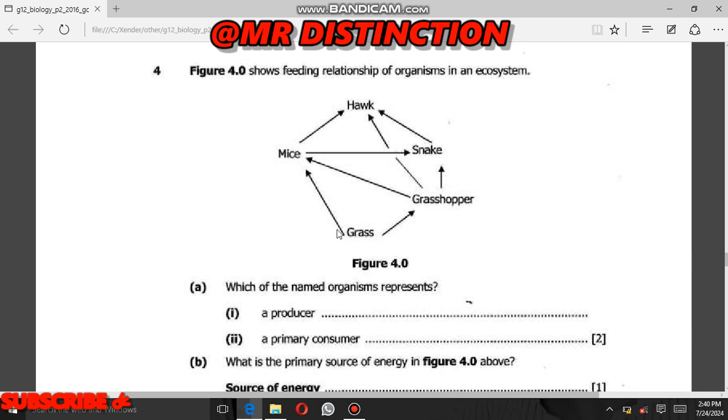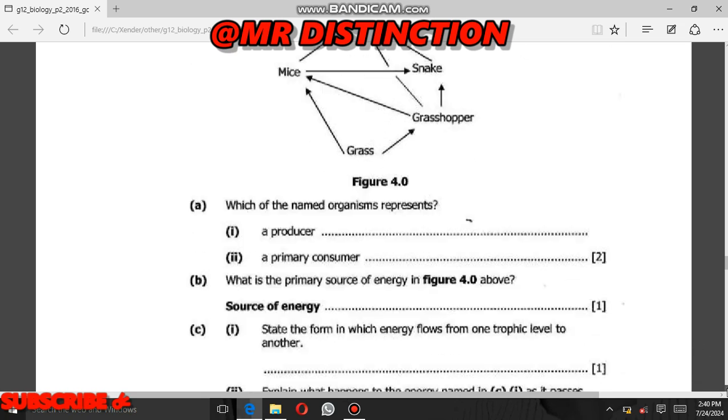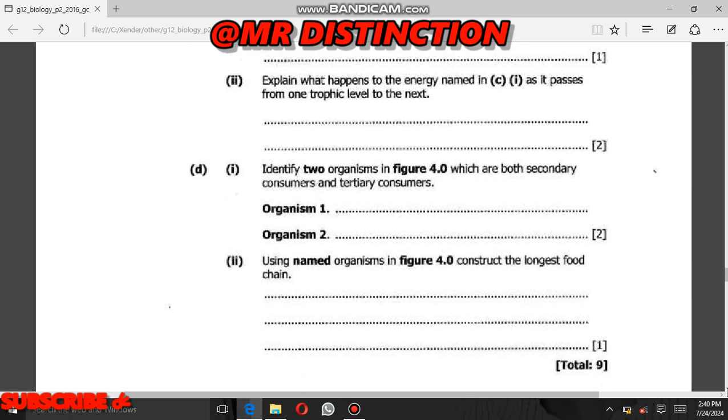So we can construct it starting with this grass, then grasshopper, then mice, then snake, then hawk. So this is the longest food chain we can construct from this feeding relationship.